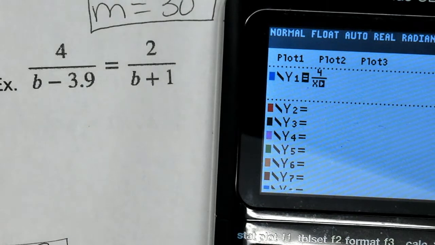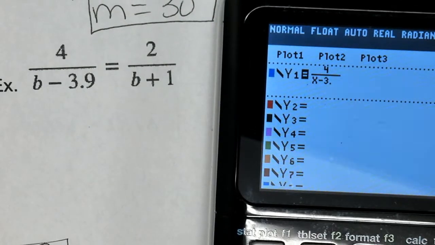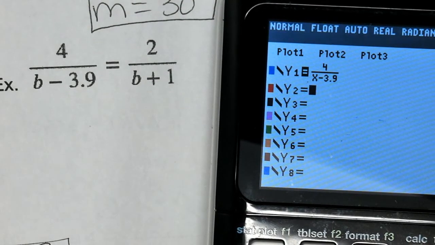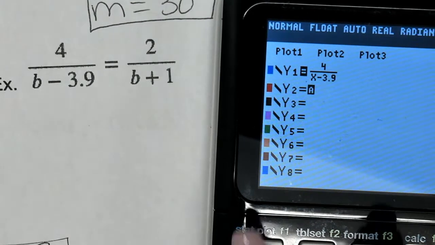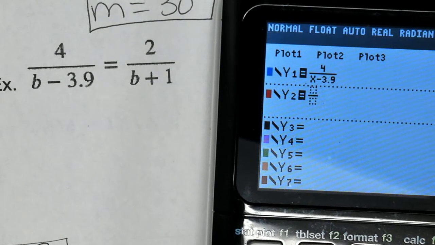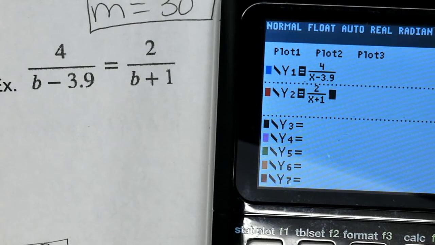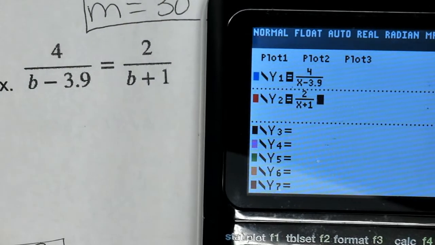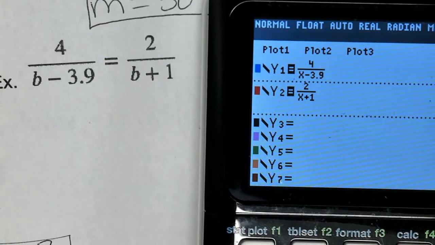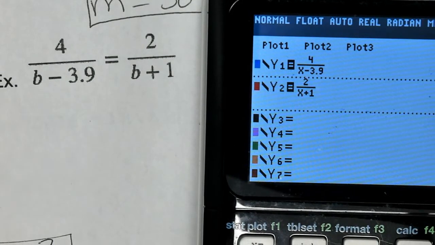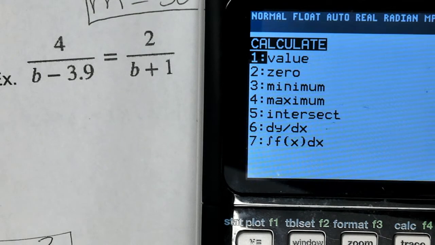X minus 3.9. Okay, then the next one, alpha y equals option 1, 2 over x plus 1. Now what? Second trace, option 5.